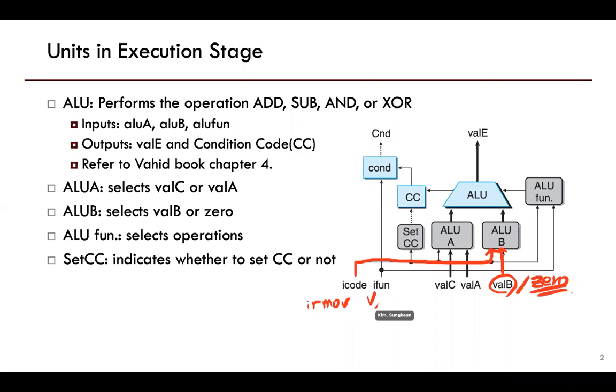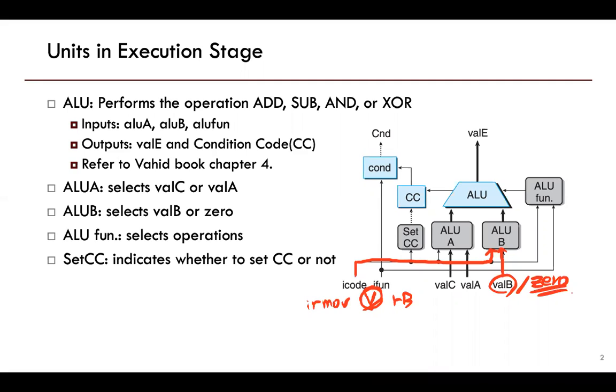We want to move a constant value V to the register rB. For this instruction, this data should go to the register file side. But how does it get there? It goes to the register file through the execution unit. Then we don't want to compute anything. We just want to forward this value to the register file.